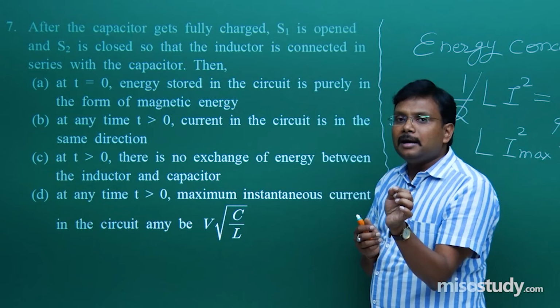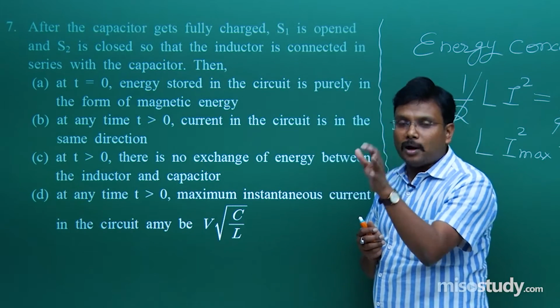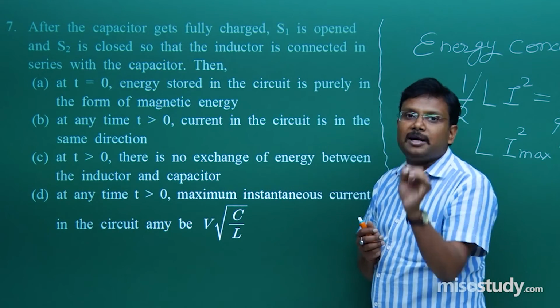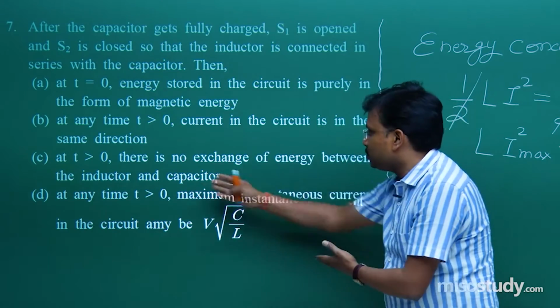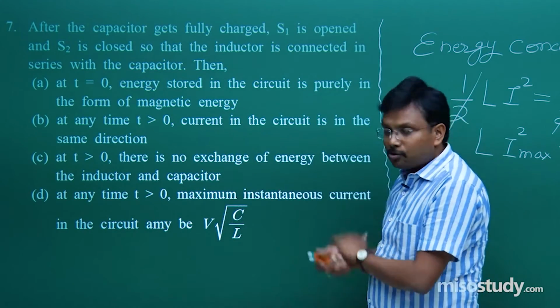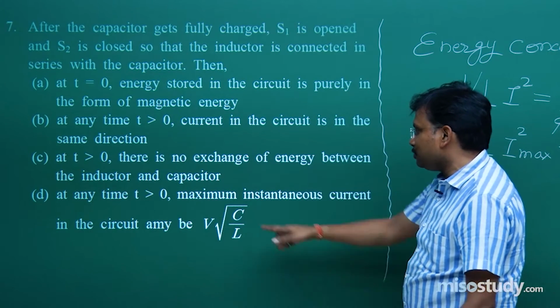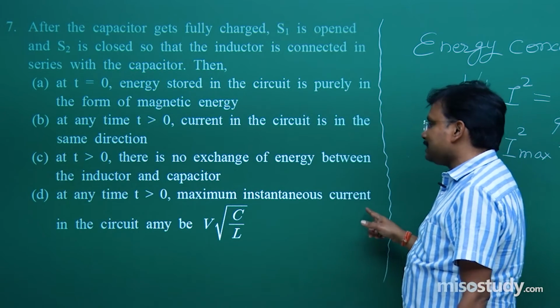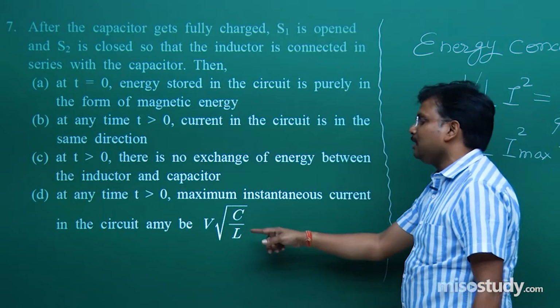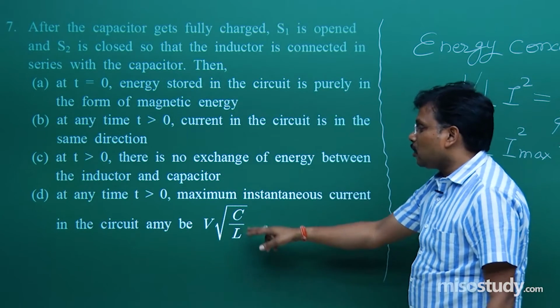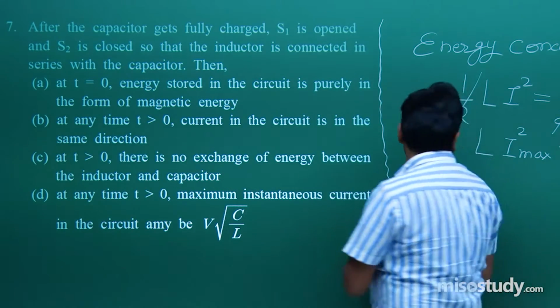So, at 10:01:01, means 10 hours, 1 minute, 1 second, obviously some exchange is taking place. So, this is also not true. Now, from here, at time t is greater than 0, maximum instantaneous current in the circuit is V under root C by L. Let's check it.